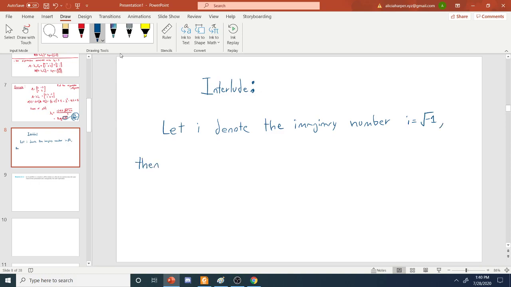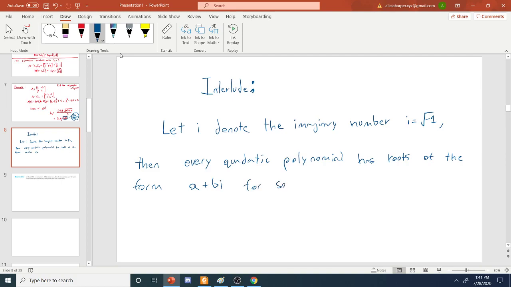Then every quadratic polynomial has roots of the form a plus bi for some a and b. So sometimes you can't find any real roots for your polynomial, but you can always find these roots. And these are called complex numbers, and they're called complex roots.